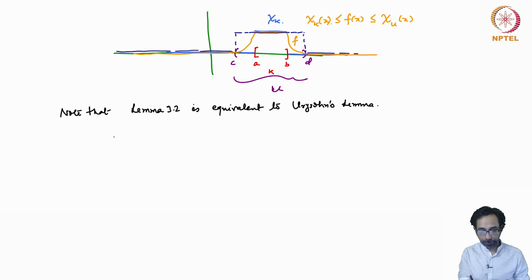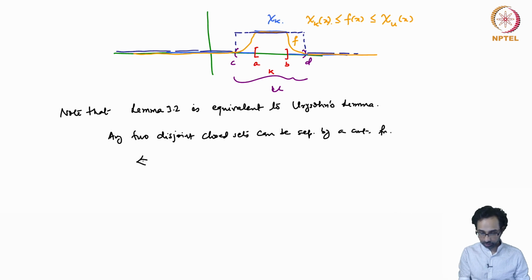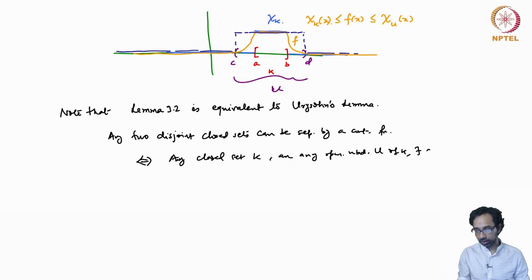This is because any two disjoint closed sets can be separated by a continuous function is equivalent to saying that given any closed set K and any open neighborhood U of K, there exists a continuous function f such that you have this inequality for all x.